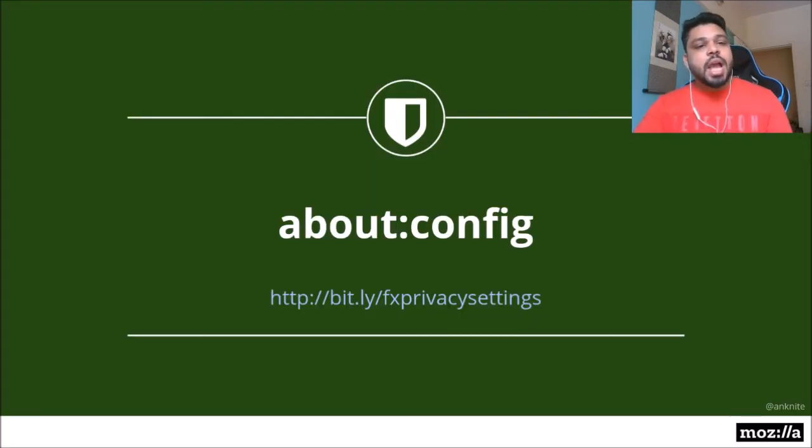So let's see how we can configure our Firefox browser to make sure that all of these tracking mechanisms are on. Now you will ask why this is not on by default. This is because Firefox as a browser wants to give its users the choice of opting into having better privacy protection.